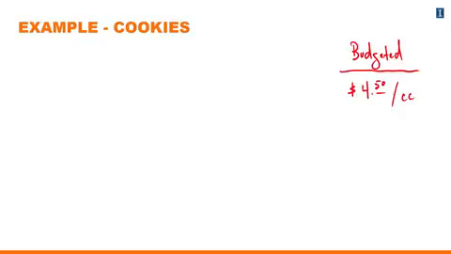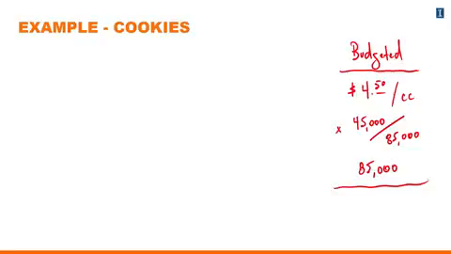The proportion of our overall sales that we expected to sell for chocolate chip cookies was 45,000 out of the 85,000 total cookies that we expected to sell. And then, of course, the total quantity of cookies that we would sell was our 85,000. When we multiply these 3 components, we get what we expected to earn in terms of revenue from just the chocolate chip cookie line. And that comes out to be $202,500.